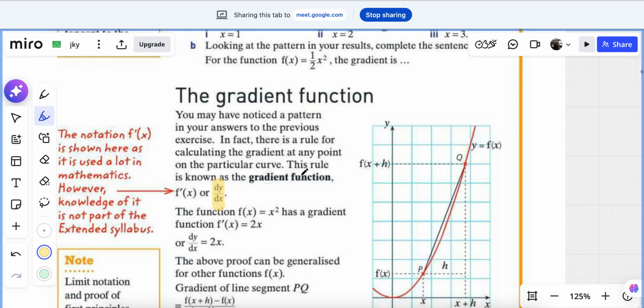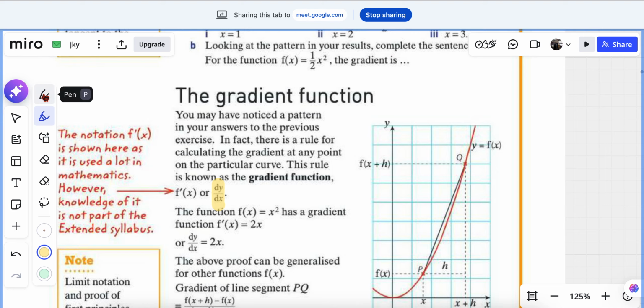Because you are saying change in y over change in x, y2 minus y1 can be denoted as dy, and x2 minus x1 will be denoted as dx. So the gradient is the same as rate of change, and the same as differentiation, because differentiation is simply to find the change in y over change in x.